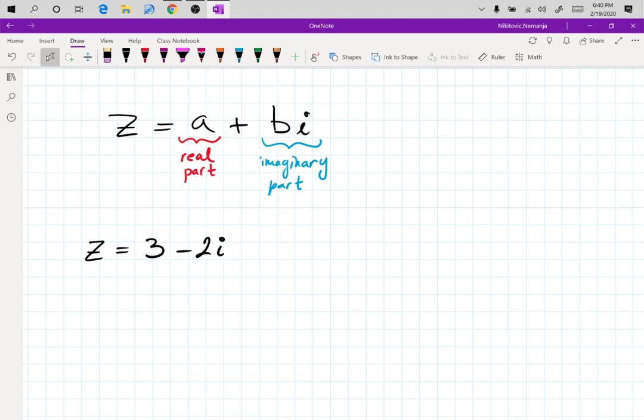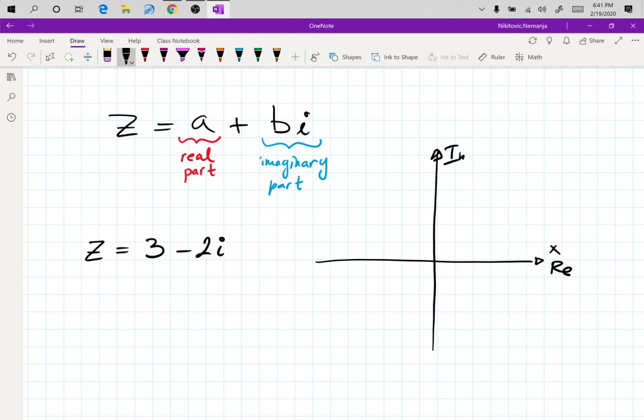And the good thing to know is that complex numbers are two-dimensional numbers, because you have to graph them on a two-dimensional plane where your horizontal axis is called the real axis, and that's your good old x. And then you have the imaginary axis, Im, for the imaginary part. That's not your y, okay? It's just the imaginary axis.